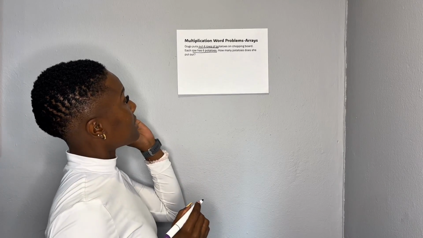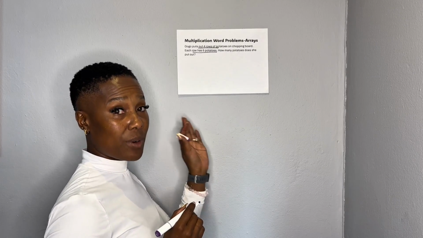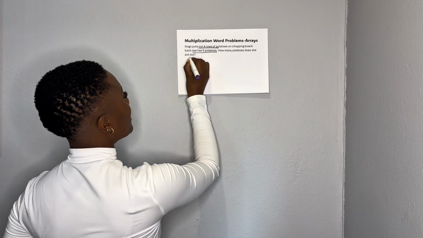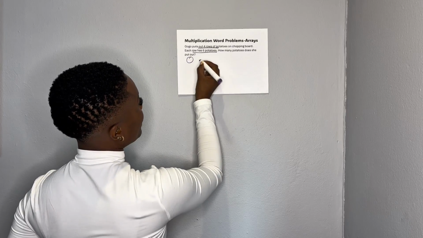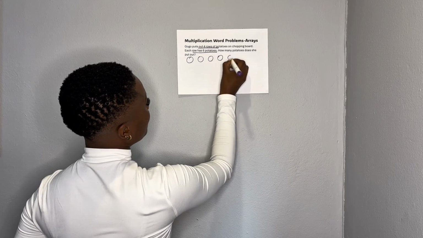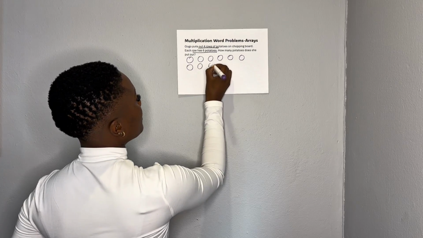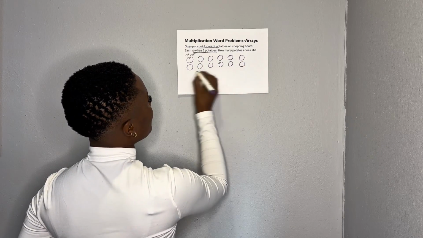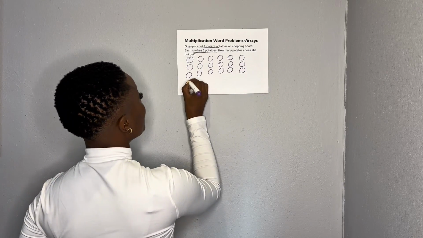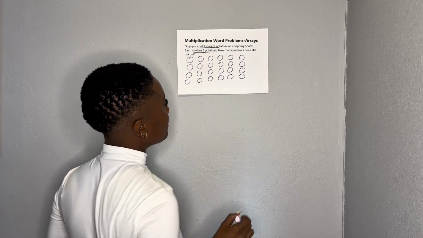Now, we know that there are 4 rows, and in each row there are 6 potatoes. Let's lay it out. 1, 2, 3, 4, 5, 6. 1, 2, 3, 4, 5, 6.